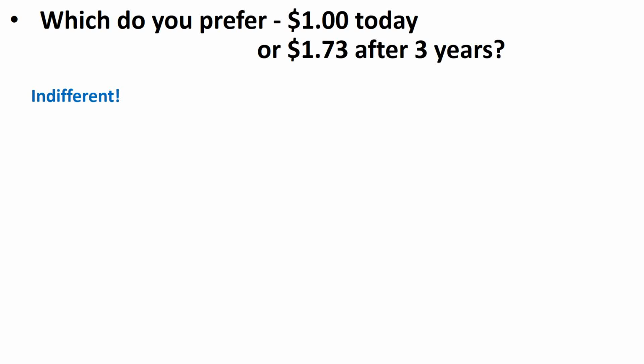So if you give me $1.73 after 3 years, against that $1.73, I can borrow $1 today from the bank. So whether you give me $1 today or $1.73 after 3 years, for me it's the same thing. In your mind you look at $1.73 after 3 years and you say, that's basically $1 today because I can surrender that and borrow $1 against it.